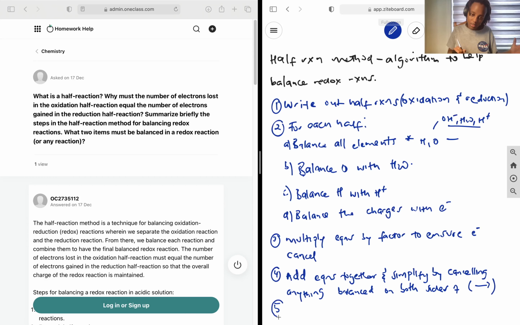And lastly, you're just going to double check your species, so your mass species. So double check conservation of charge and conservation of mass.